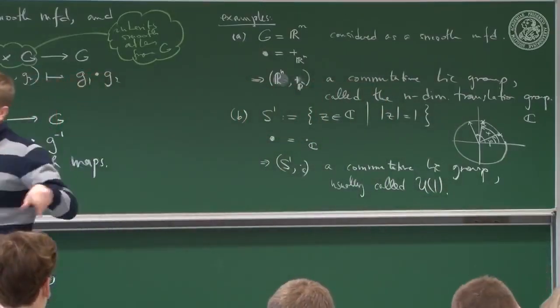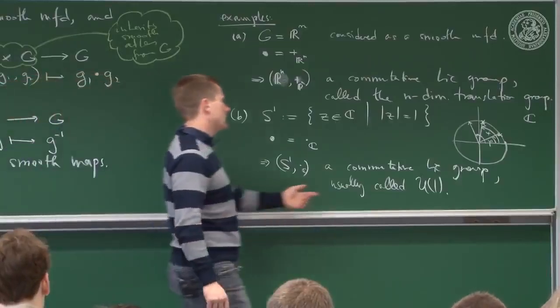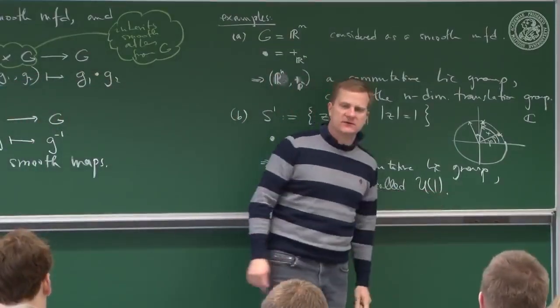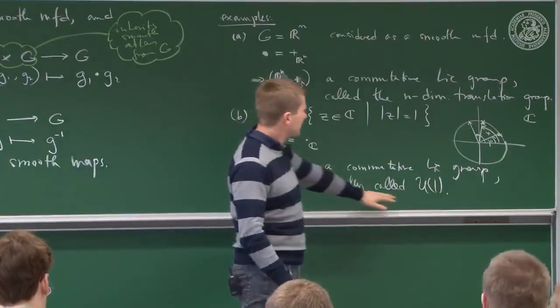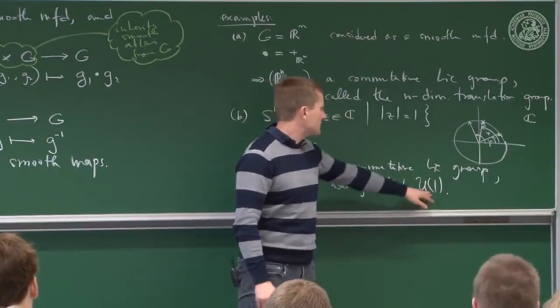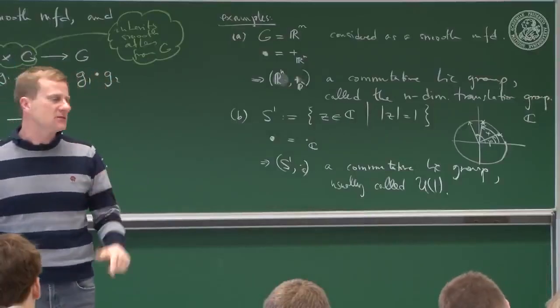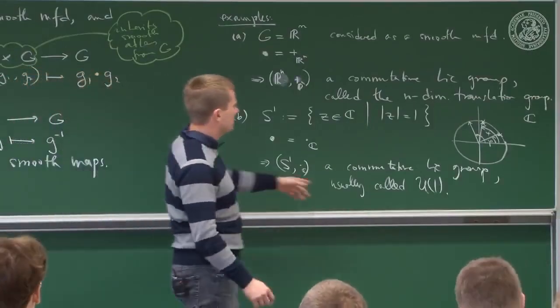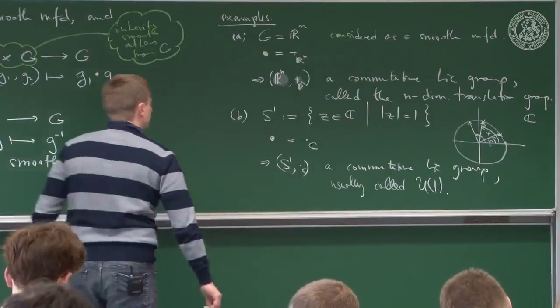That's the group under which you construct your wave functions to be invariant, because at least the final results of calculations in quantum mechanics, you want them to be U1 invariant, because you don't want an overall phase to count. Now, so you met this group before. It's a very simple one.